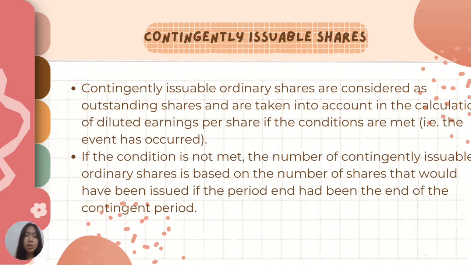Contingently issuable ordinary shares are considered as outstanding shares and are taken into account in the calculation of diluted earnings per share if the conditions are met, for example, the event has occurred. If the condition is not met, the number of contingently issuable ordinary shares is based on the number of shares that would have been issued if the period end had been the end of the contingent period.